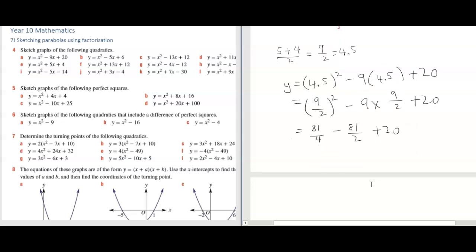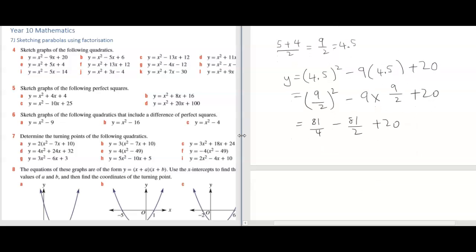Because we've got two fractions here, let's have them at the same denominator. So that's going to be 162 over 4, sorry. So we have 81 over 4 minus 162 over 4. So we're left with 81 over 4 plus 20.